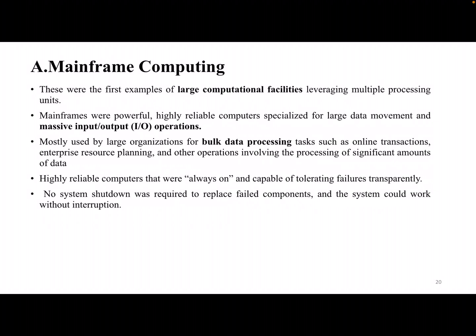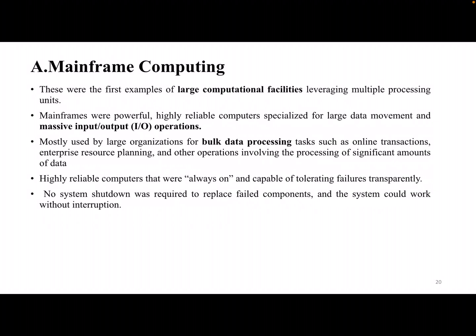These are large-scale computers used by organizations for bulk data processing. The features are high processing power, larger capacity, higher speed, input output operations, advanced security operations, and support for multiple operating systems.